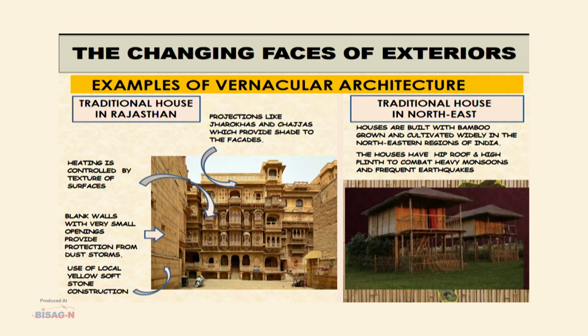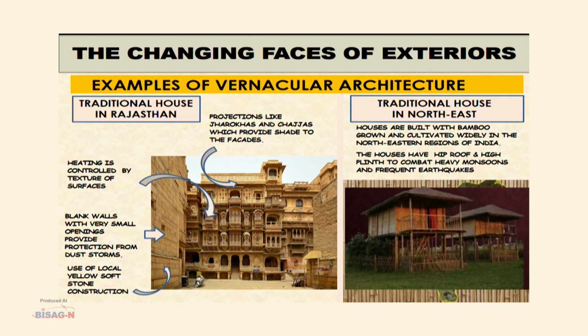We also see the intricate stone jalis which really control the heat by the texture of their surfaces. And we also see very big blank walls with very small openings which are placed in the direction of the dust storms. And these are usually characterized by narrow streets so that the buildings shadow over each other.